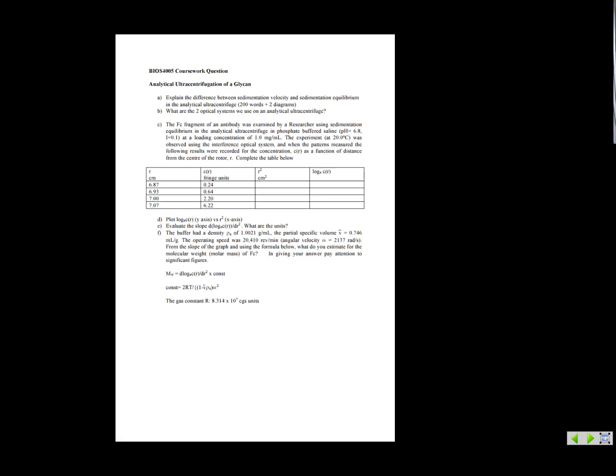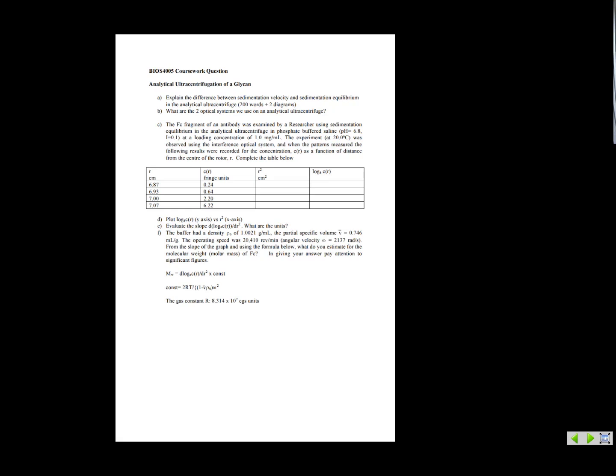And it says here that this Fc fragment was examined by a researcher using sedimentation equilibrium in the ultracentrifuge, in phosphate buffered saline, pH 6.8, ionic strength 0.1, at a loading concentration of 1 mg per ml.